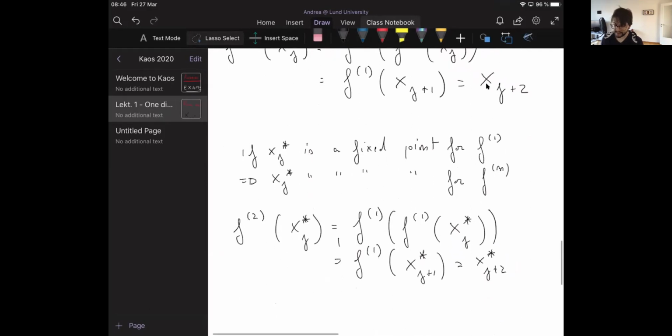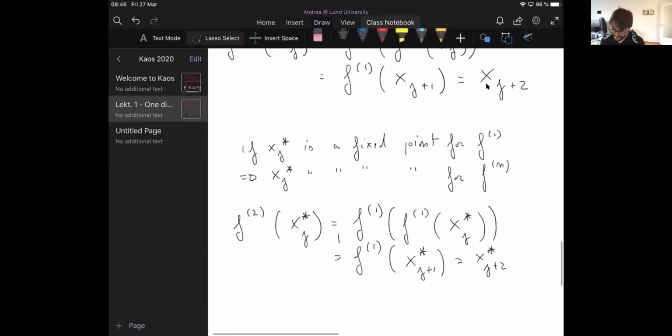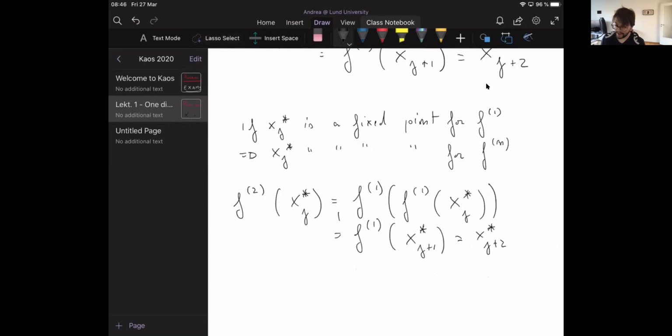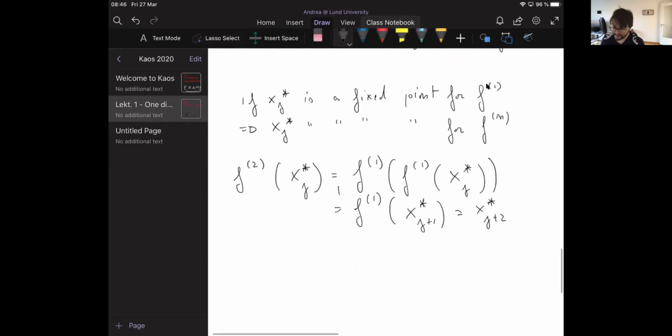And this implies that if it's a fixed point for the first, then it's a fixed point for the nth. It is very intuitive, but mathematically we can study it like this. And also, your question is exactly what I wanted to explain afterwards. So this is quite trivial, I think, I hope.